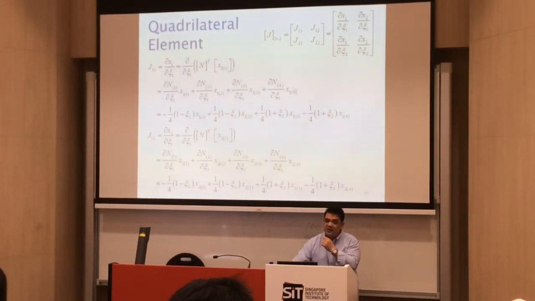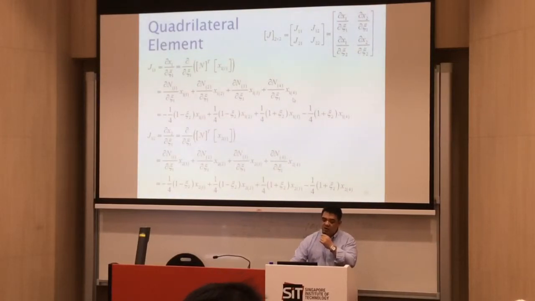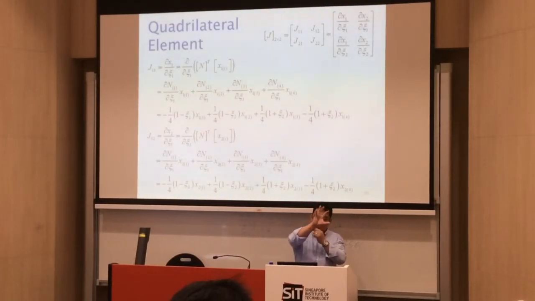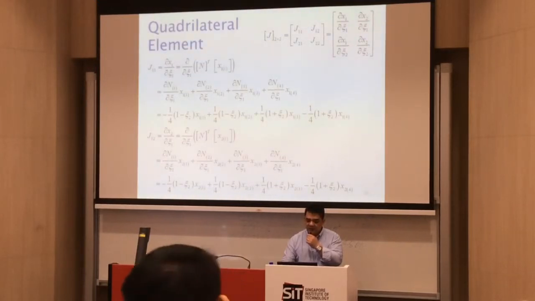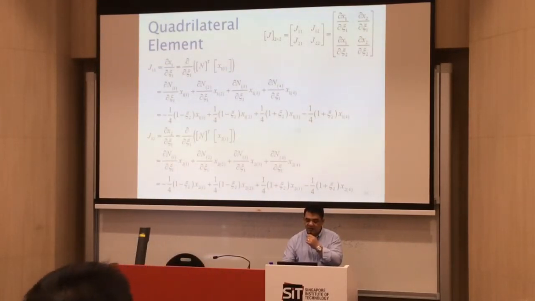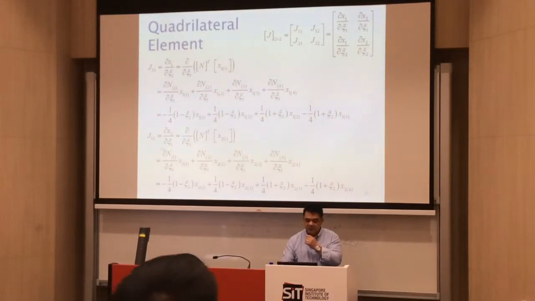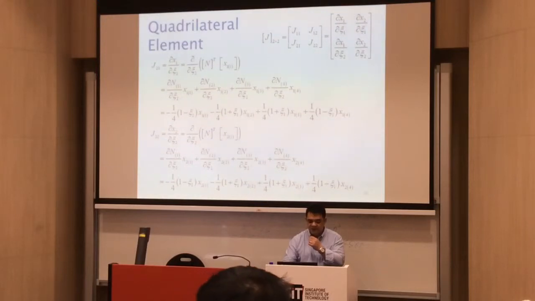These will be your coordinates from your original quadrilateral element. To be able to map this, you need these J11, J12, J21 values. So this is where your coordinates will come in. And this is just another number. As you can see later on, you will come up with a number here. So J11, J12 is this one here, and so on and so forth.